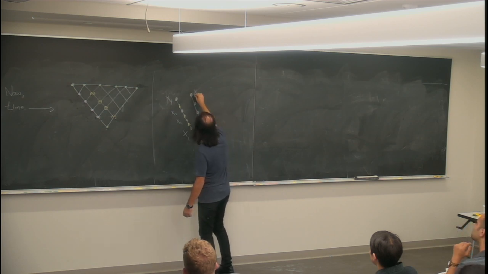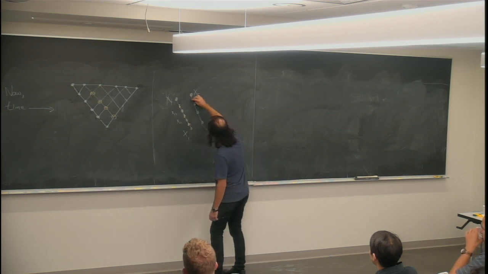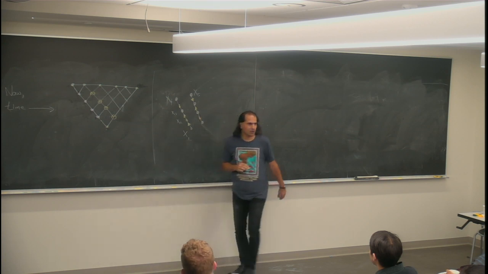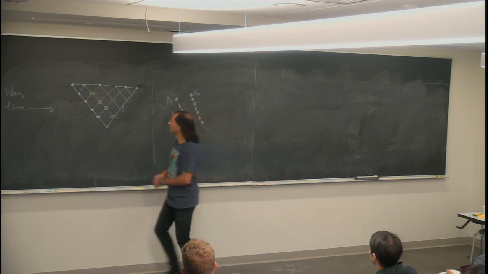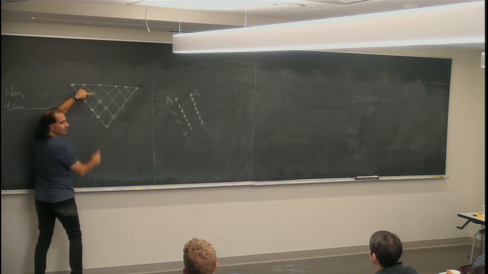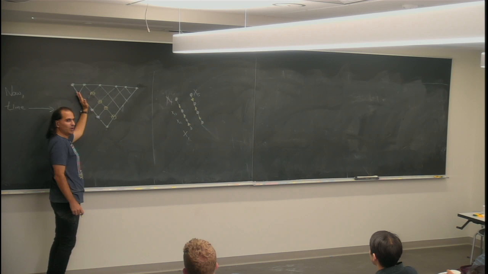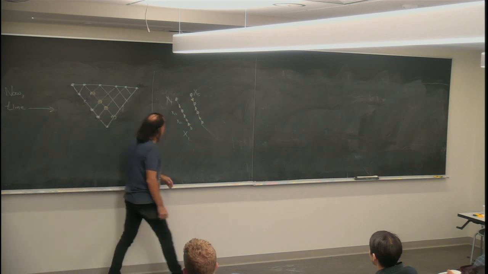So there's an x5 that I solved for here. But here I'm going to reverse the orientation of the arrow. The rest of them are still the same. So why have I done that? Because in this picture, now this new variable, here I'm going up, but the other way, there. So the direction of the arrows are just telling me about whether I'm 45 degrees in one direction or 45 degrees in the other.